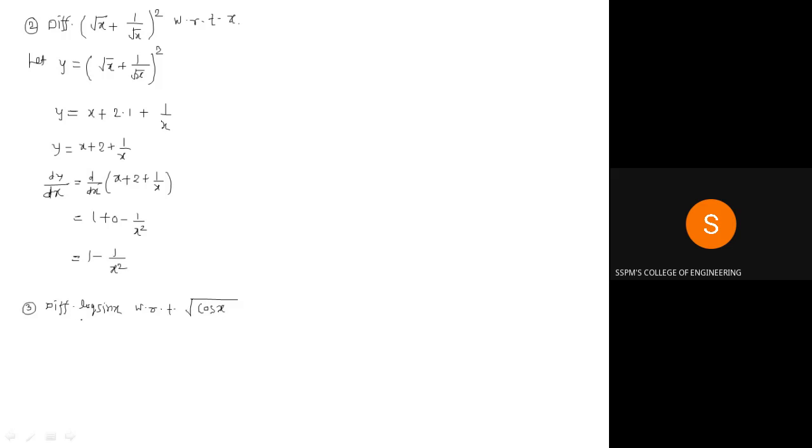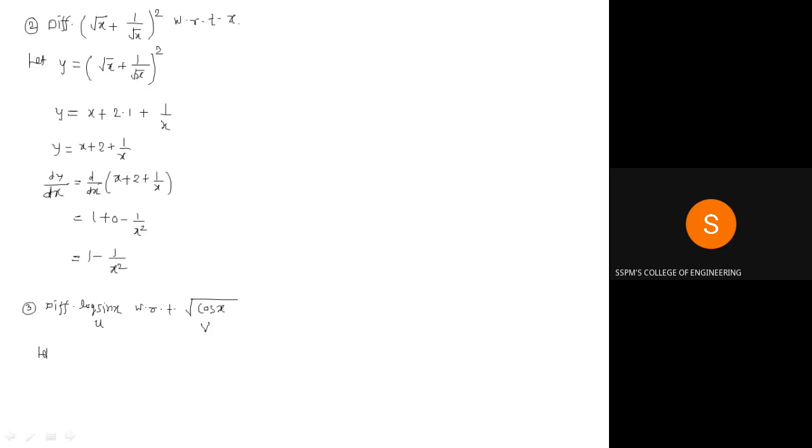How do you differentiate? Differentiating log of sin x with respect to root of cos x. For this, you define the functions in the form of u and v. If u is log of sin x and v is root of cos x, the process becomes easy.